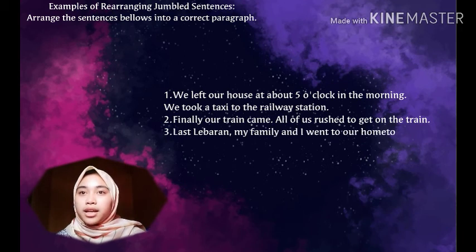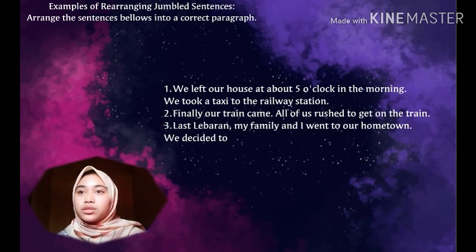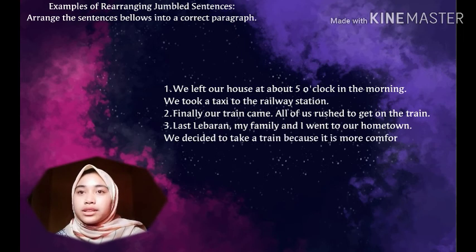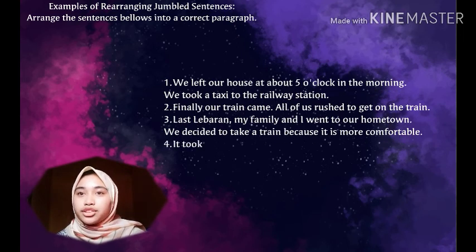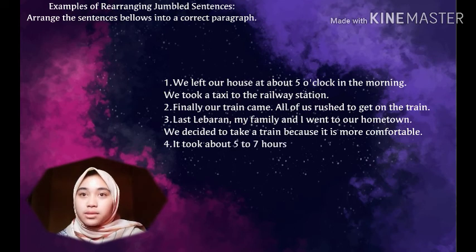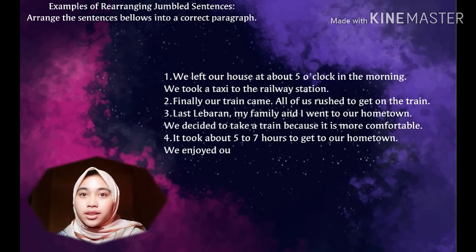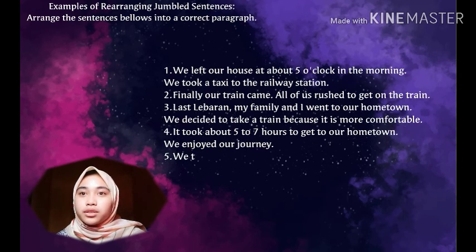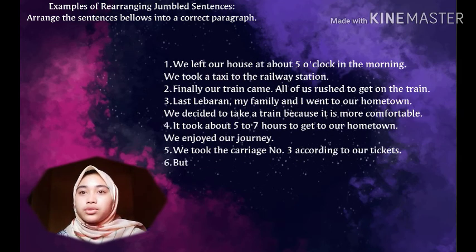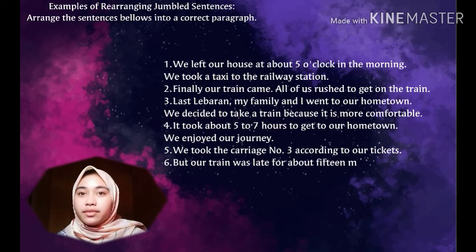Last Lebaran, my family and I went to our hometown. We decided to take a train because it is more comfortable. 4. It took about 5 to 7 hours to get to our hometown. We enjoyed our journey. 5.